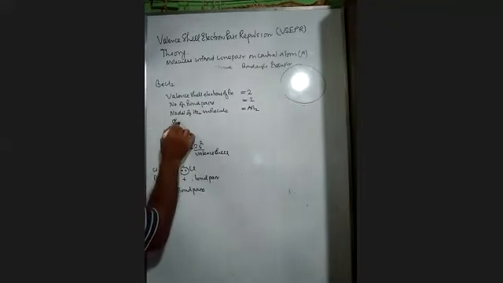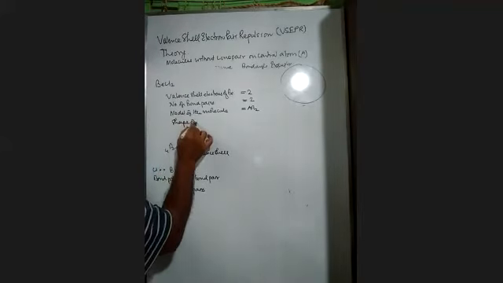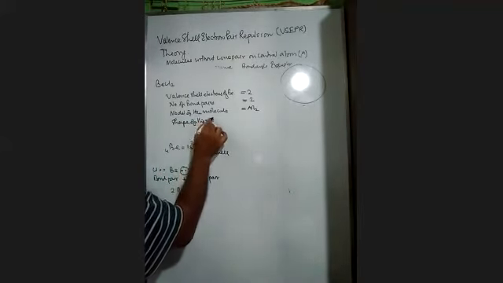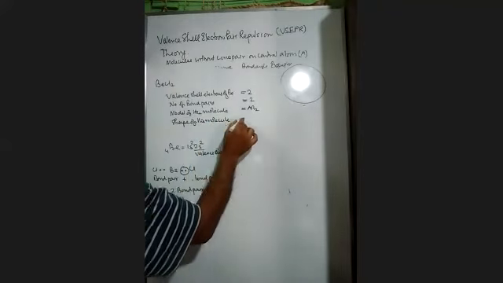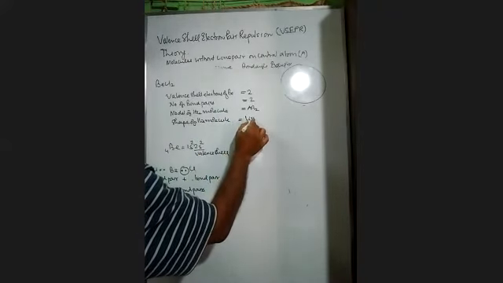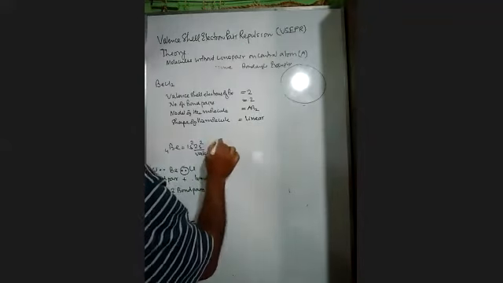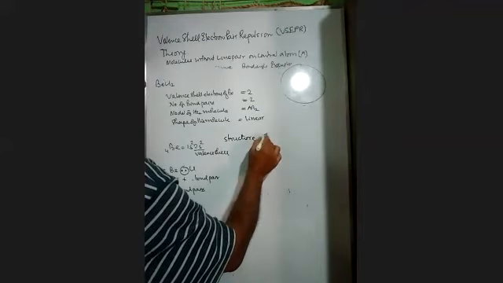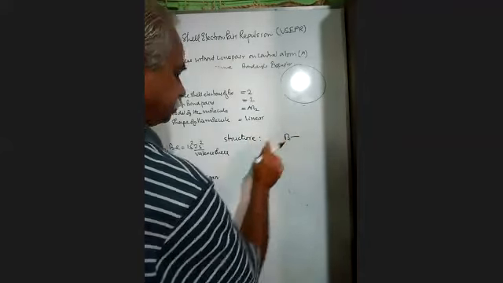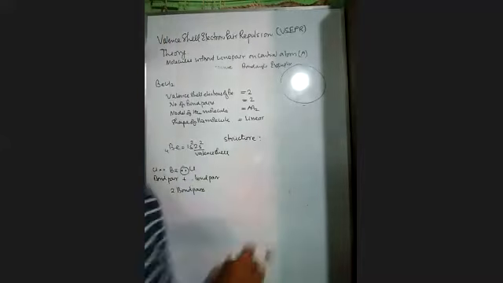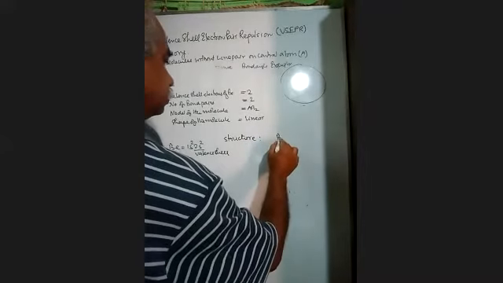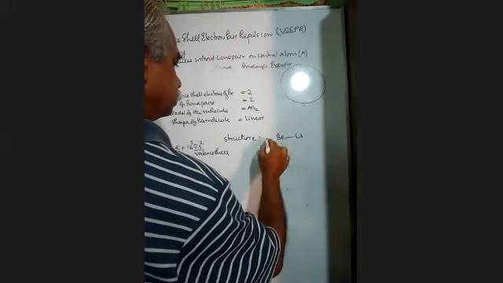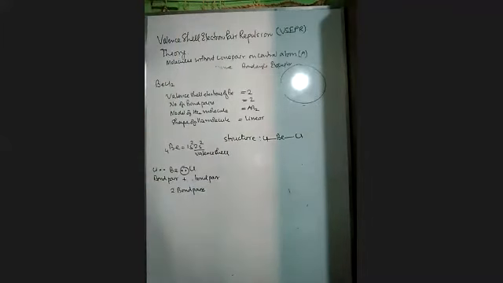What will be the shape of the molecule? It is linear. What will be the structure? The structure of BeCl2. What is the bond angle here?